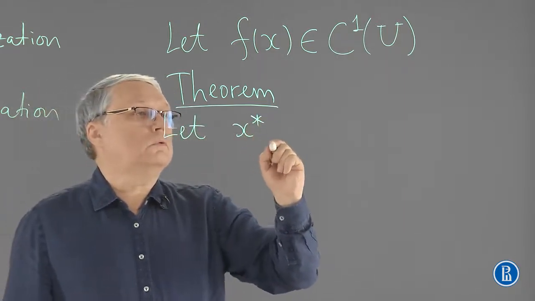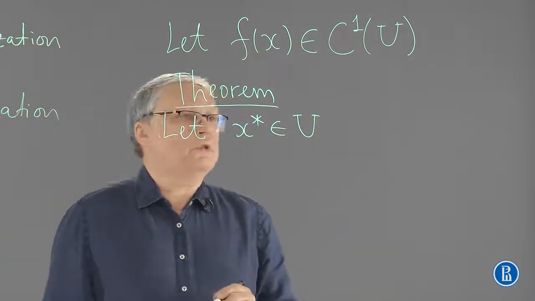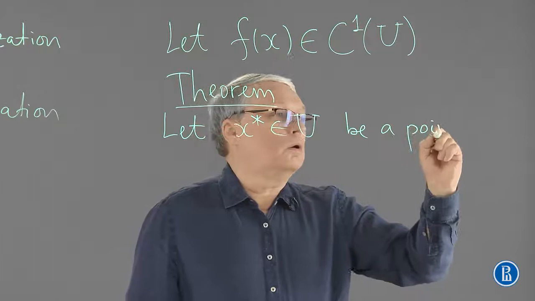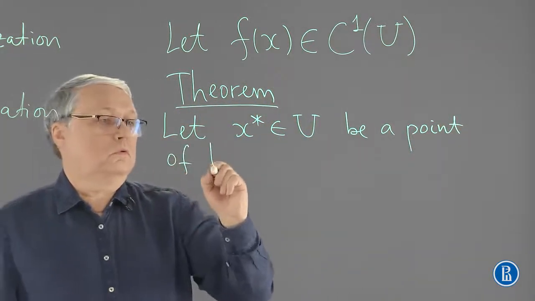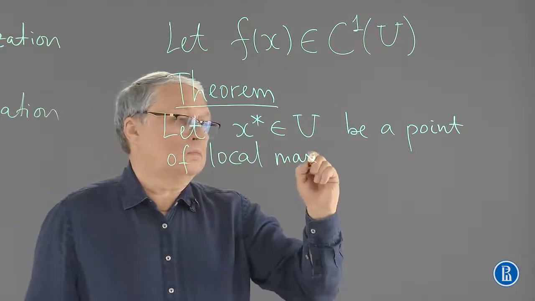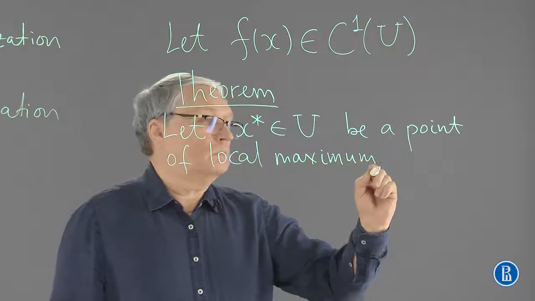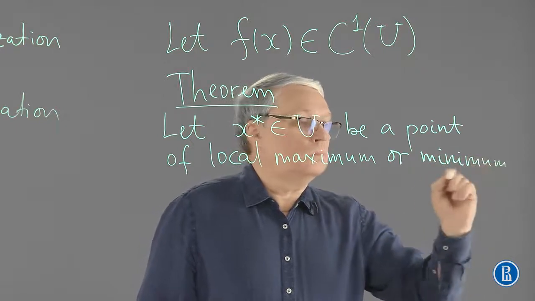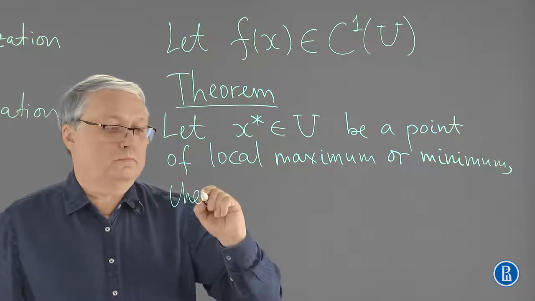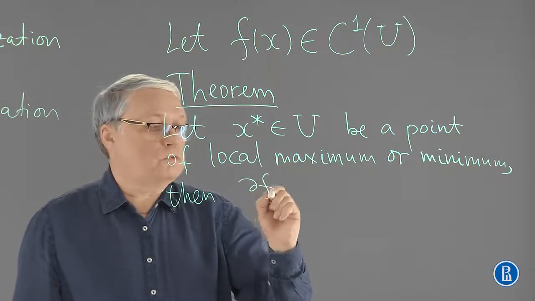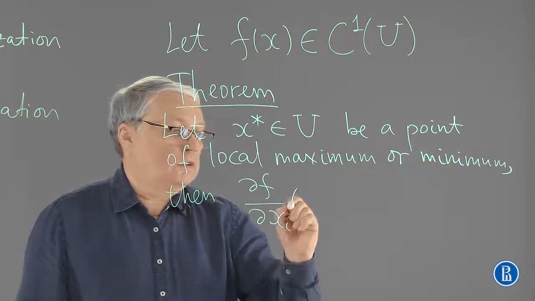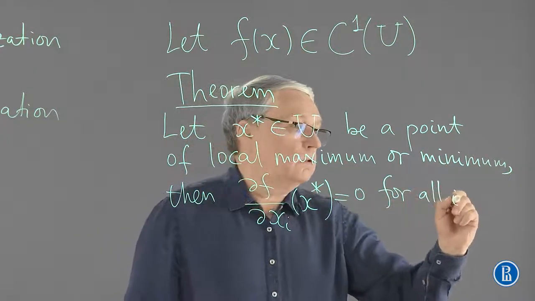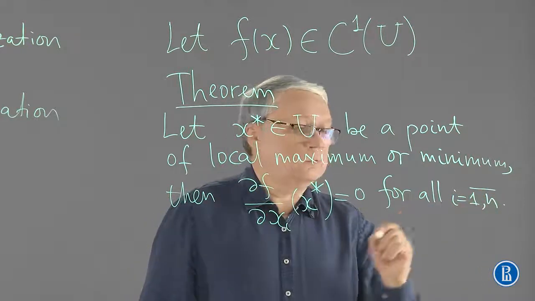Let x star be a point from the domain of the function, then first order derivatives of this function taken at this point equals 0 for all i starting from 1 up to n.